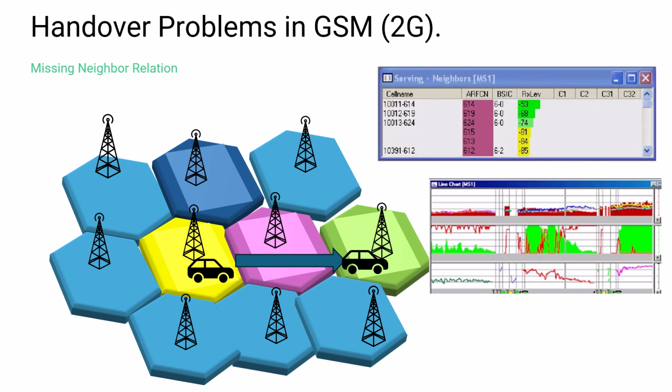You can see the neighbor here also in the line chart. Okay, then it should hand over from yellow to purple, but there is no neighbor relation between these cells. But this cell is a neighbor to the green one. So when the car goes on, and if the yellow has coverage until the green placement, then it will hand over to green. So it is not optimal, and it is not a good way for us.